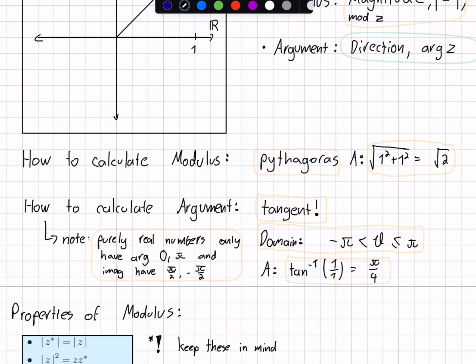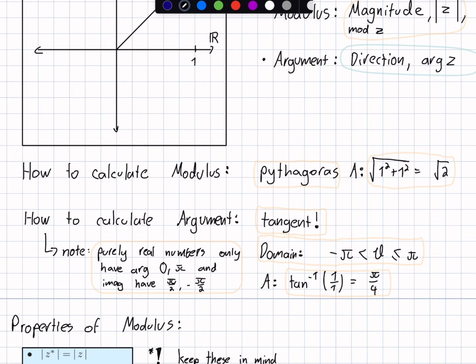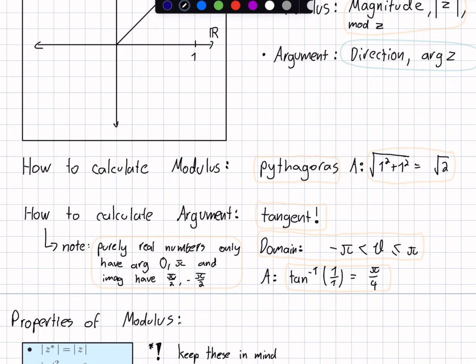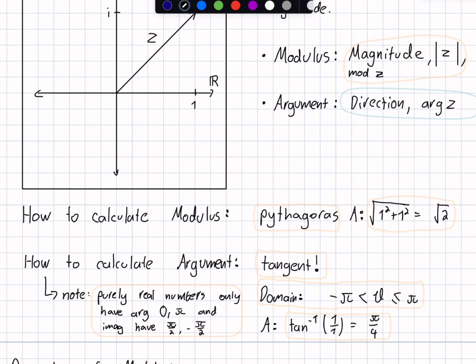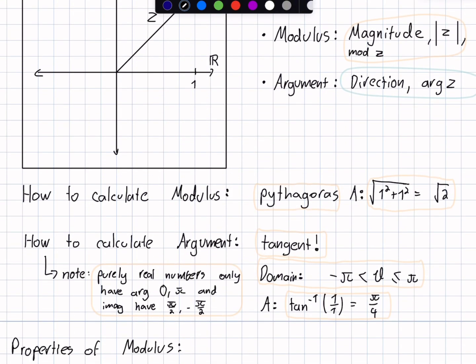Now, it is important to note that purely real numbers will only have argument 0 and pi, and imaginary numbers will only have pi over 2 and minus pi over 2. That is because they are stuck to either the real axis or the imaginary axis.